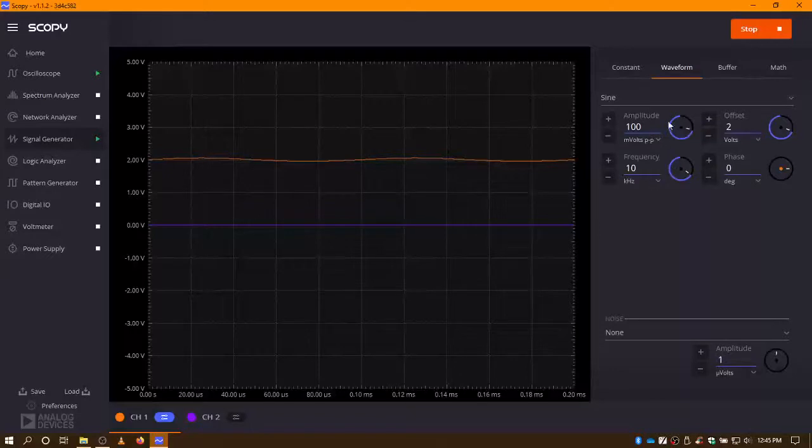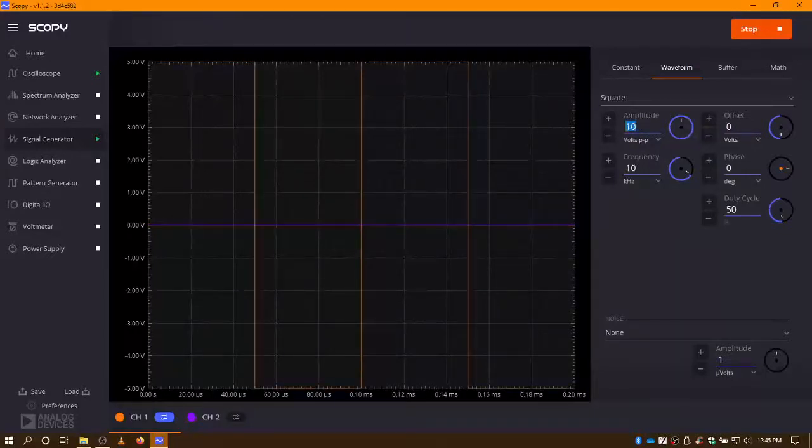And what we're going to do is a little test of that. I'm going to switch from a sine wave to a square wave. I'm going to eliminate the offset voltage, set that back to 0. I'm going to set the amplitude to 2 volts peak to peak.